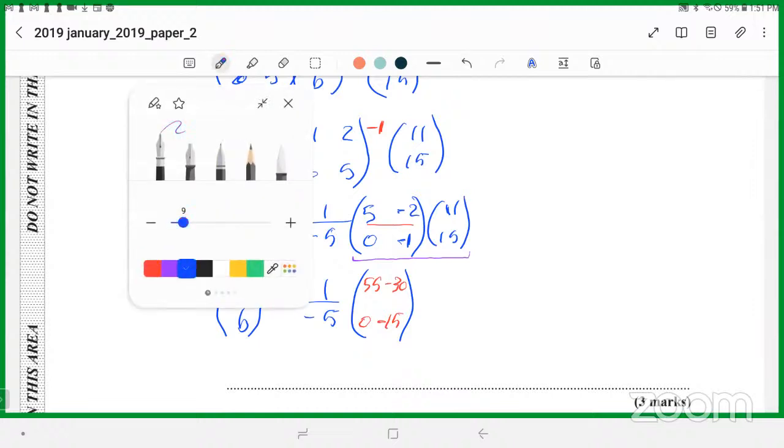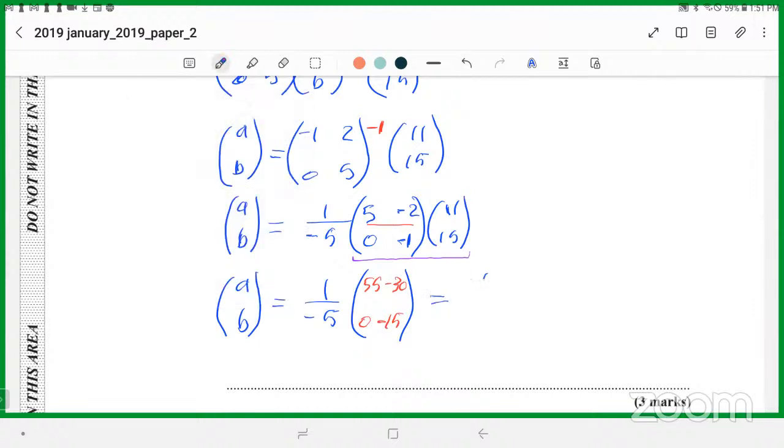And then this simplifies into 1 over -5 times, this becomes 55 minus 30 is 25. 0 minus 15 is -15. Dividing each of these values now by this -5: 25 divided by -5 is -5. -15 divided by -5 is +3.